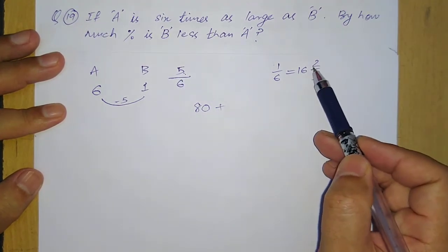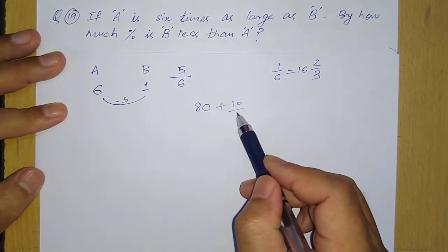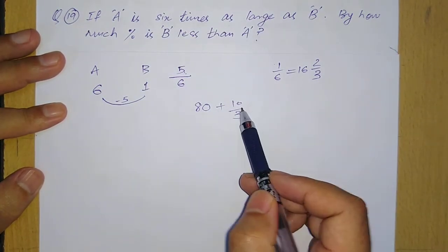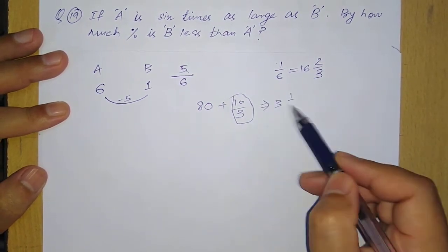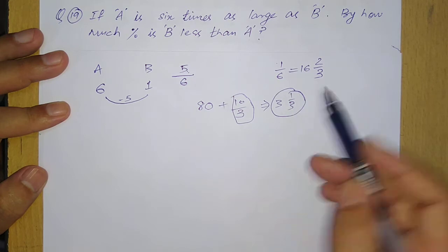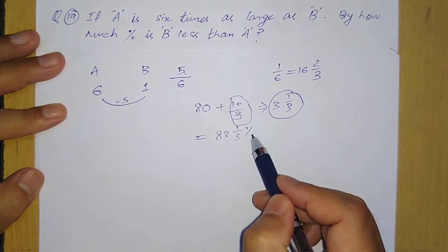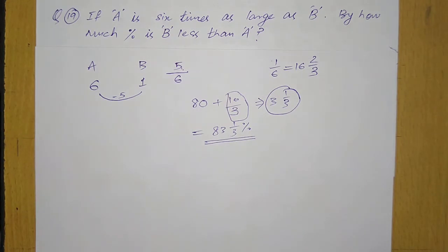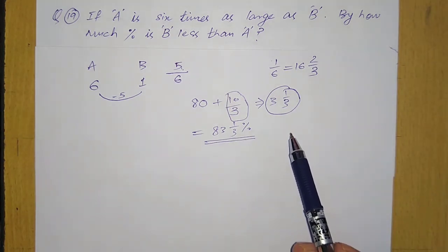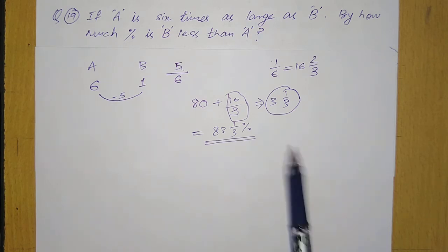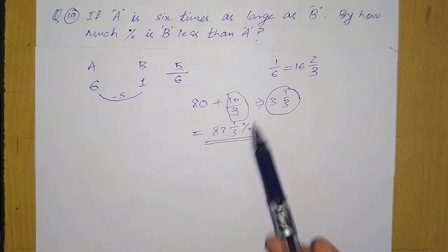We will multiply the numerator. 10 by 3, we can write it as 3 1 by 3. So our answer will be 83 1 by 3%. Those people who are watching this video for the first time, you can watch the first video on the basic concept of percentage. There we have learned how this concept works, the base unit.